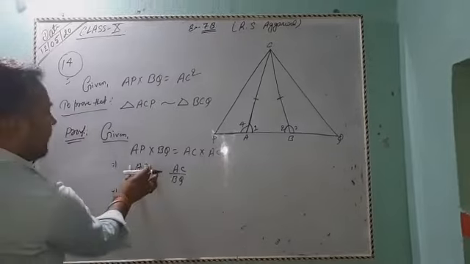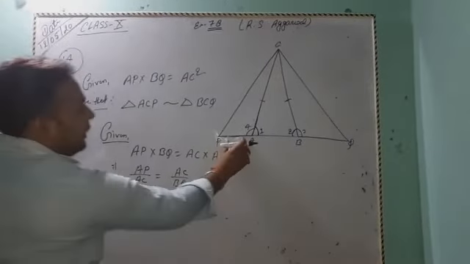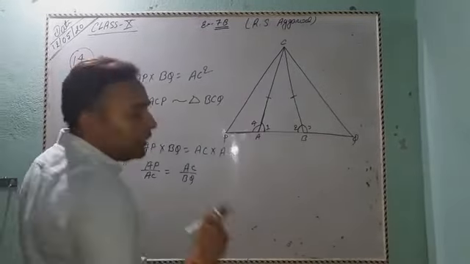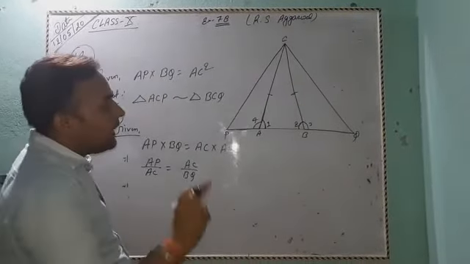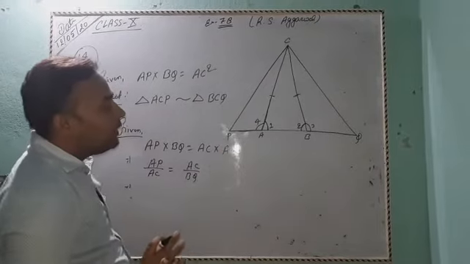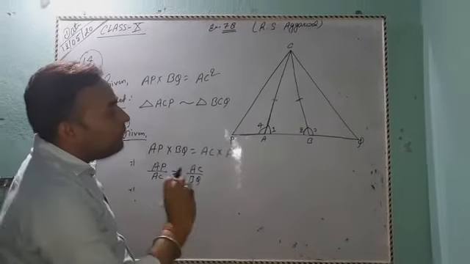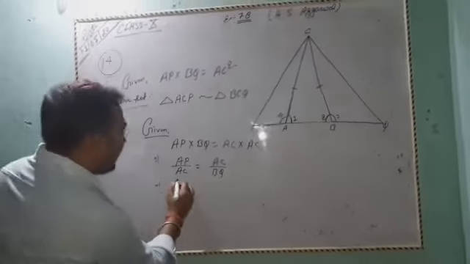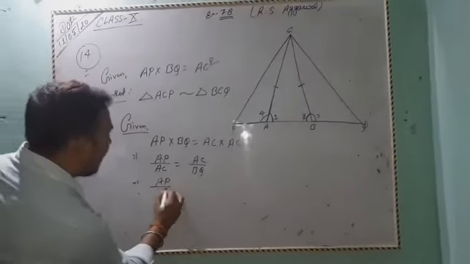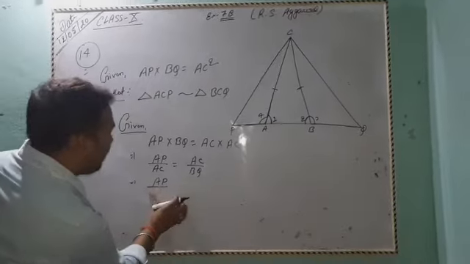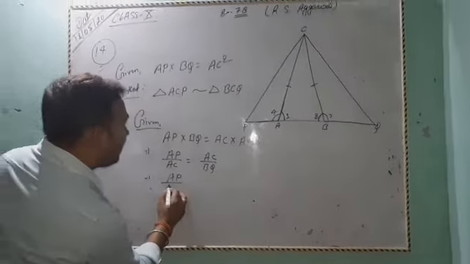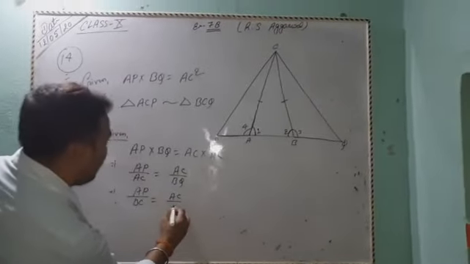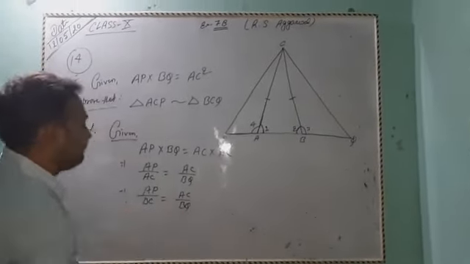Next, AP by AC. AC and BC are equal sides of triangle ABC, because triangle ABC is an isosceles triangle. Then we write AP by BC equal to AC by BQ, right?